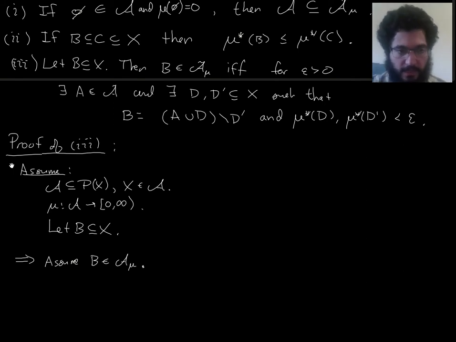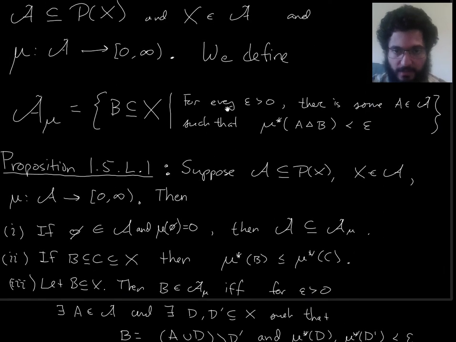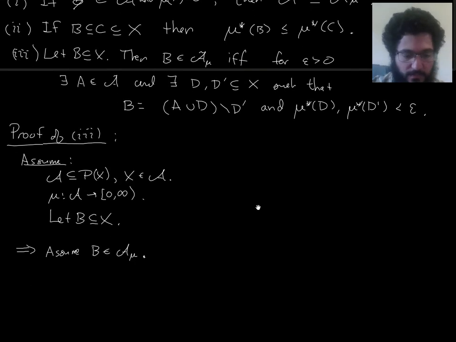Okay, so that's a certain for all epsilon kind of condition. For all positive epsilon, there's a special A such that this thing happens. That's our assumption. Then what I want to prove is this other for all epsilon condition, the one stated here. So for the sake of proving that, let epsilon be greater than 0.